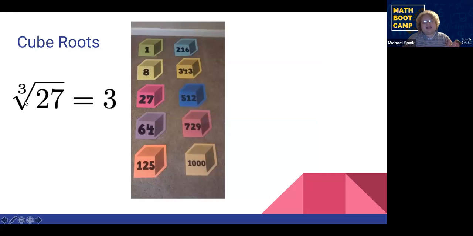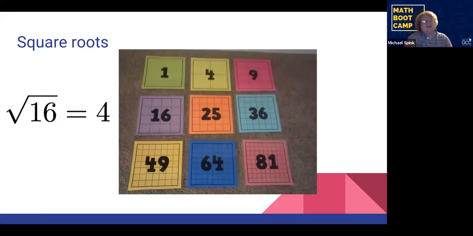It's called the index of the radical. For square roots, that is 2. So what we can say is that 4 squared, or 4 times 4, is 16. So just phrasing it in a slightly different way, the square root of 16 is 4.